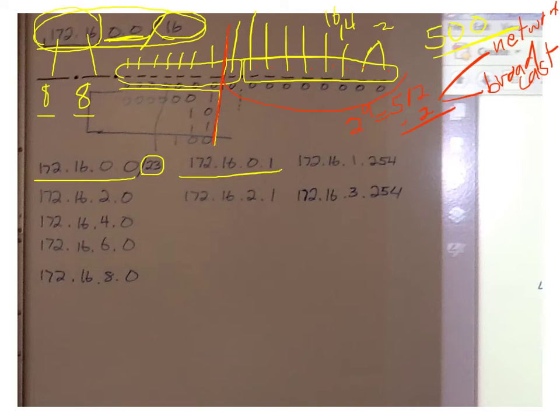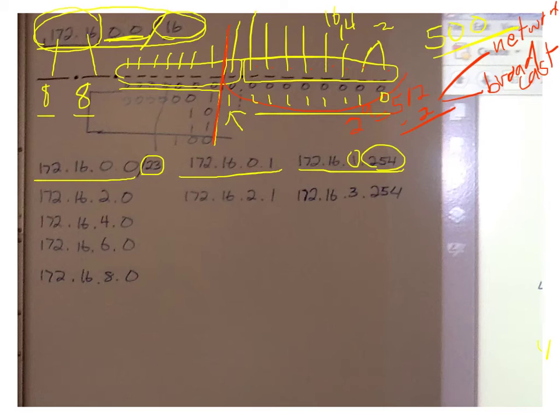This would be our first address, all those zeros and then a 1 clear out here. And then this would be our last address, all those zeros and then a 1 here, here, here, and so on, and then the last one would be a 0. So that would be 1, and this would be 254.